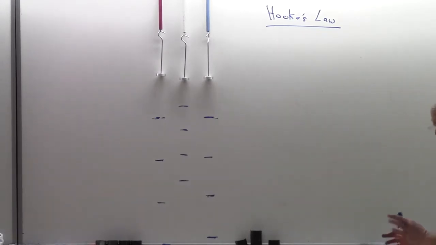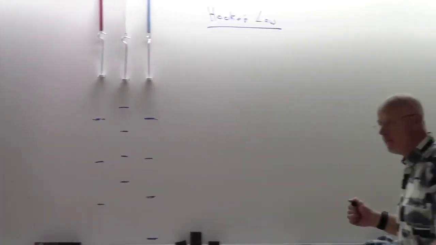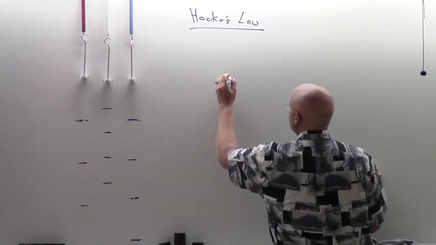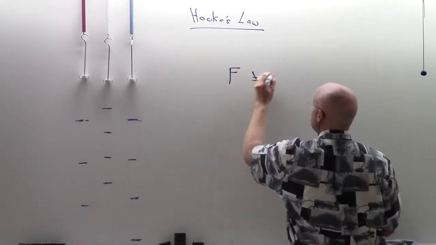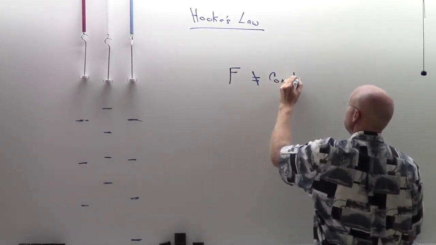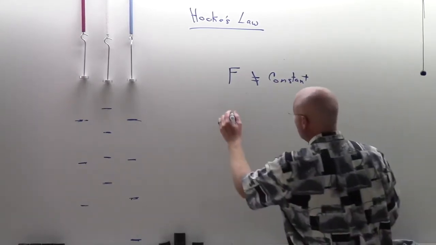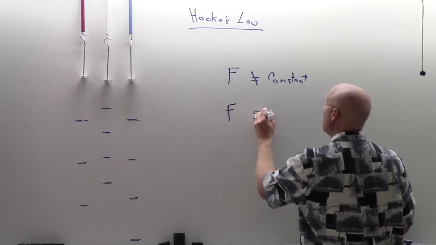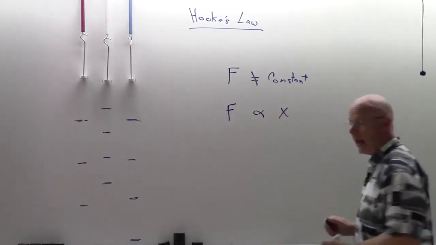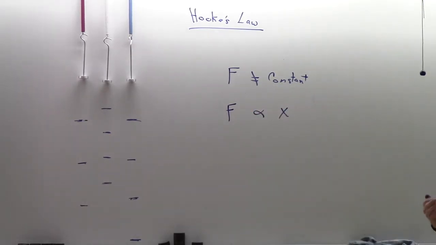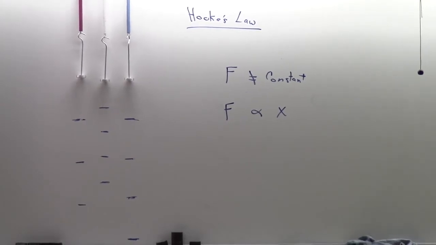And so if you were going to put that in mathematical form, you would say, well, the force does not equal a constant. That's very clear. In fact, you would say the force is then proportional to what I'll call x, how much I stretched it. And maybe I should pause here.